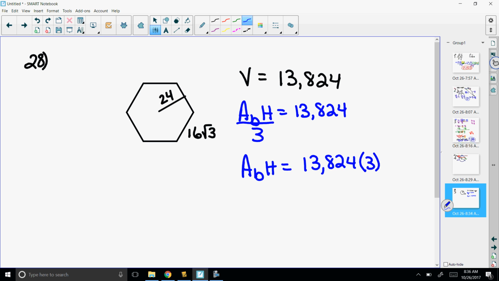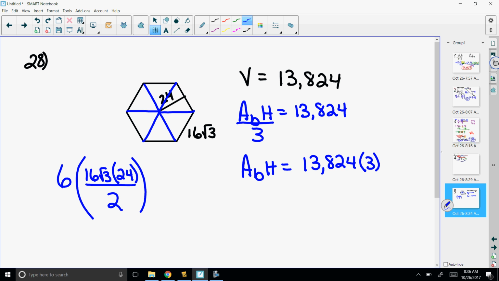All right, I got to find area of the base. If I look at the area of the base, how many triangles do you have? You are going to have 6 triangles, and the area of that triangle is base, which is 16 radical 3, times the height, which is 24, divided by 2. 2 goes into 24 12 times.